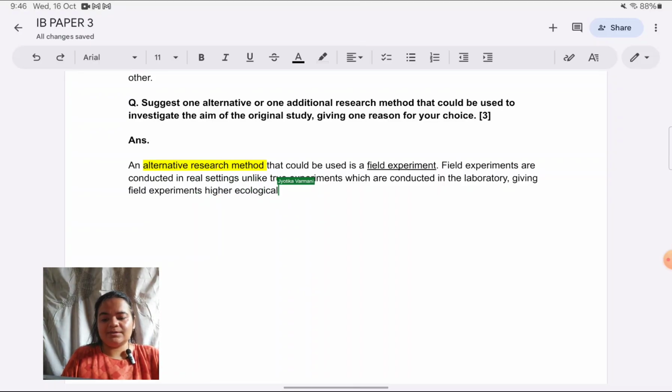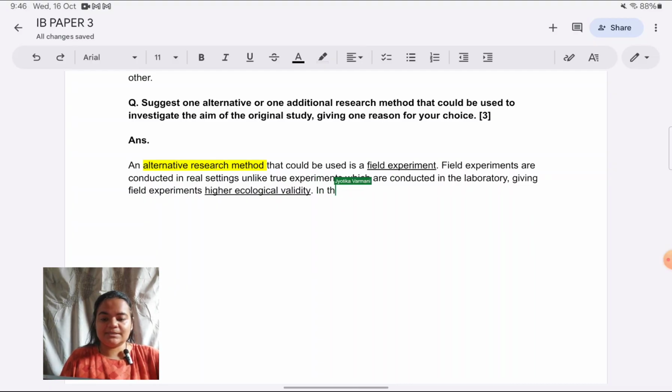I want you to notice something in my style of writing. I have mentioned that field experiments have good ecological validity, but not in isolation. I have directly compared them with lab experiments and said that in comparison to lab experiments, they have better ecological validity. Why have I done this? Because the stimulus is a lab experiment. I have to be relevant to the stimulus. So I have to keep on specifying this method is better than the given method for this reason. So that should be my writing style.